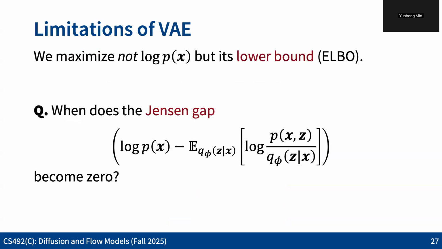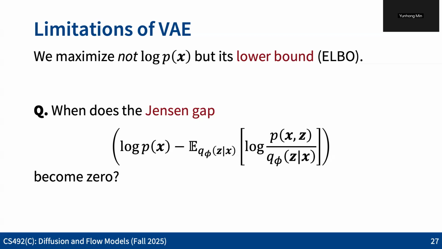The basic idea of the VAE is that we are maximizing this log probability, not directly, but by maximizing the lower bound, right? Then the question is, when does this lower bound become the same as the log probability that we actually want to maximize?